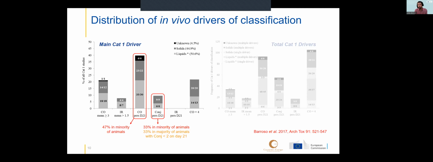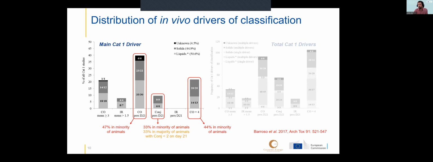And I remind you that the classification cutoff for category 2 is more than 2. So this means it's a score that is actually not even considered for category 2 classification. But unfortunately, when it comes to persistence, full reversibility is considered 0. I would say here that, for instance, in the US EPA, a score of 1 for conjunctival effects is considered fully reversed on day 21, but not in GHS.